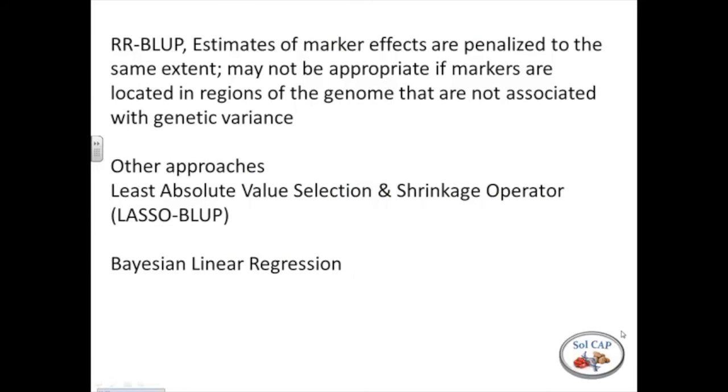So this is the key: in ridge regression, those effects are penalized to the same extent. Okay? And so the lasso approach, least absolute value selection shrinkage operator, instead of penalizing them equally, will penalize some more than others. Okay, and again, that takes sampling of the data in order to do.